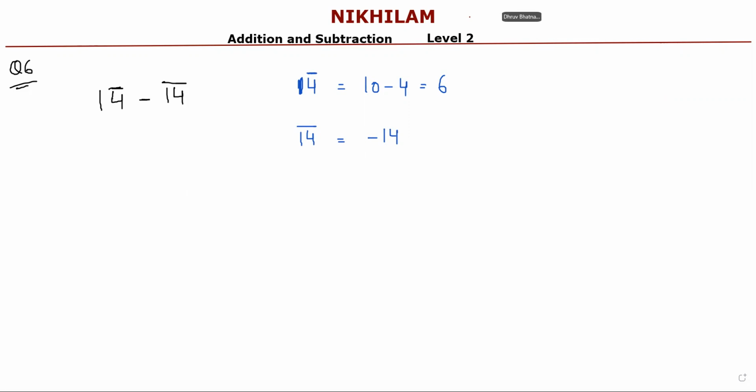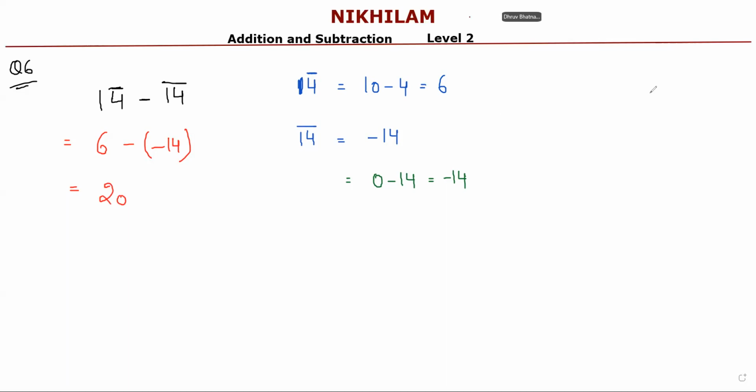So this is equal to minus 14. And the reason behind this is the same. You will say that, sir, this is 0 minus 14, that is equal to minus 14 itself. So our answer would be what? This is 6 minus 14. And that will give us minus 8. So that is our answer for the question. Okay.